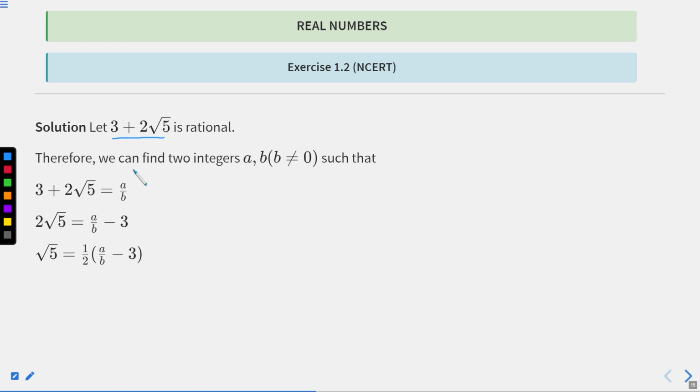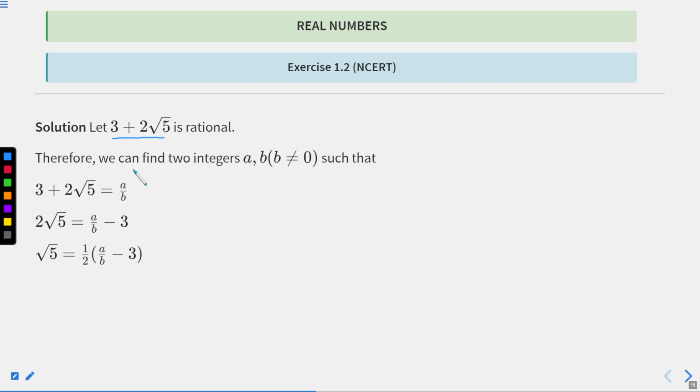Now if we rearrange this equation, 3 plus 2 root 5 is equal to a over b, then we can write 2 times root 5 is equal to a over b minus 3. If we divide the whole equation by 2, we get root 5 is equal to 1 over 2 times (a over b minus 3).